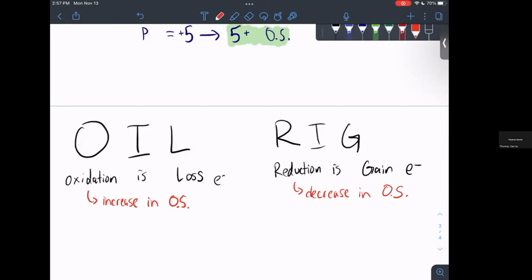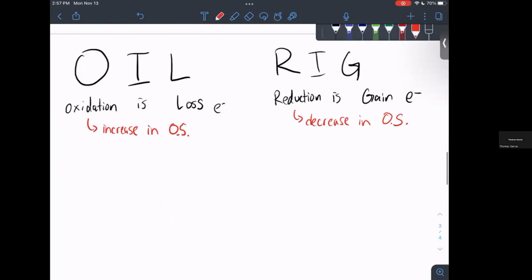So with these ideas in mind, and again, continuing to look at oxidation and reductions, we're going to look at a chemical reaction that does include redox. So let's go ahead and look at the reaction that we actually did in class for our lab.